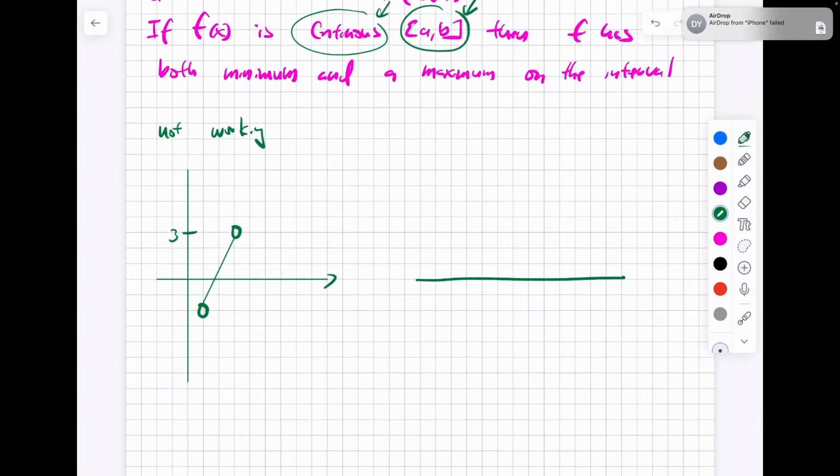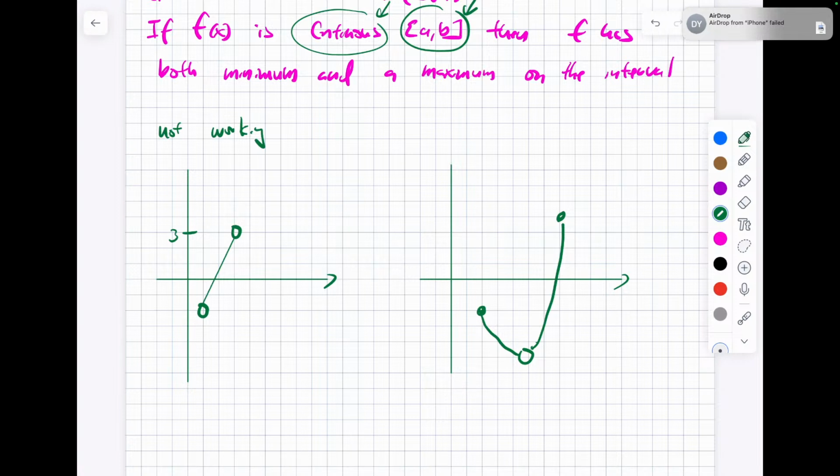What if I have something like this? Those are the counterexamples that don't work. If I have this, and I have an open circle here like this, we don't know where the minimum value is because it's not continuous, because we have an open circle. Or even worse, there's an asymptote, right?